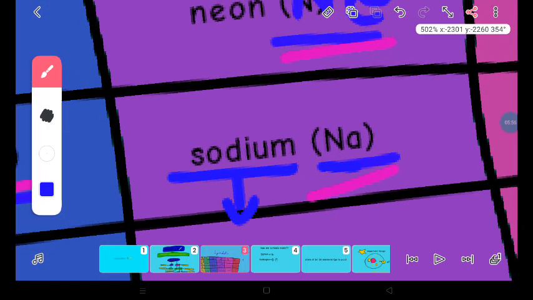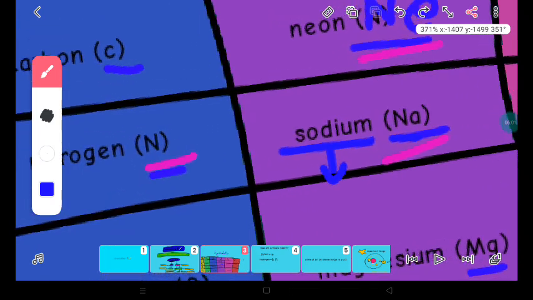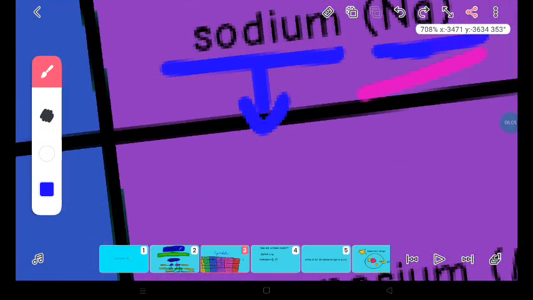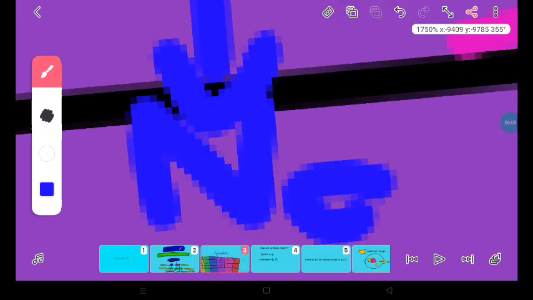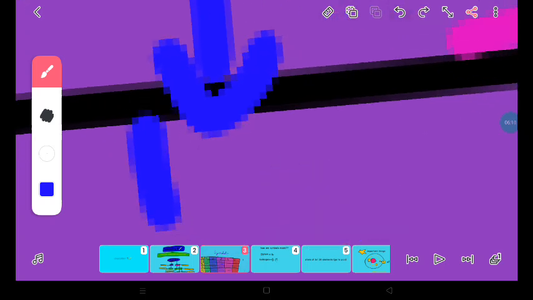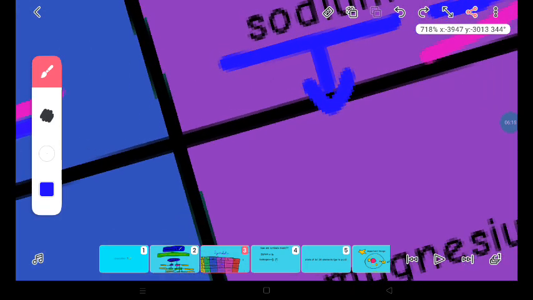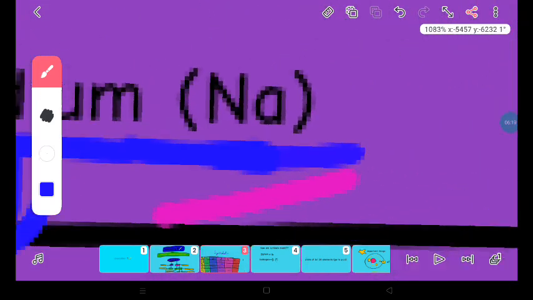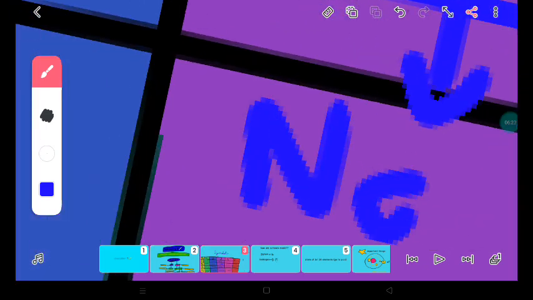And in Latin, sodium is called natrium. So that's why they named sodium Na. I mean, at that time they didn't name sodium Na, but when the scientists found out that sodium had a Latin name called natrium, then they named sodium Na.